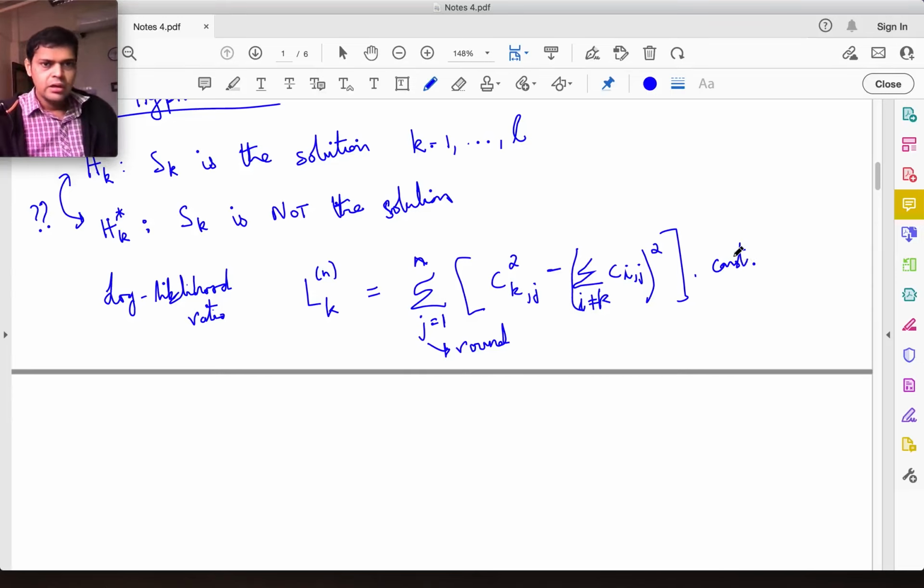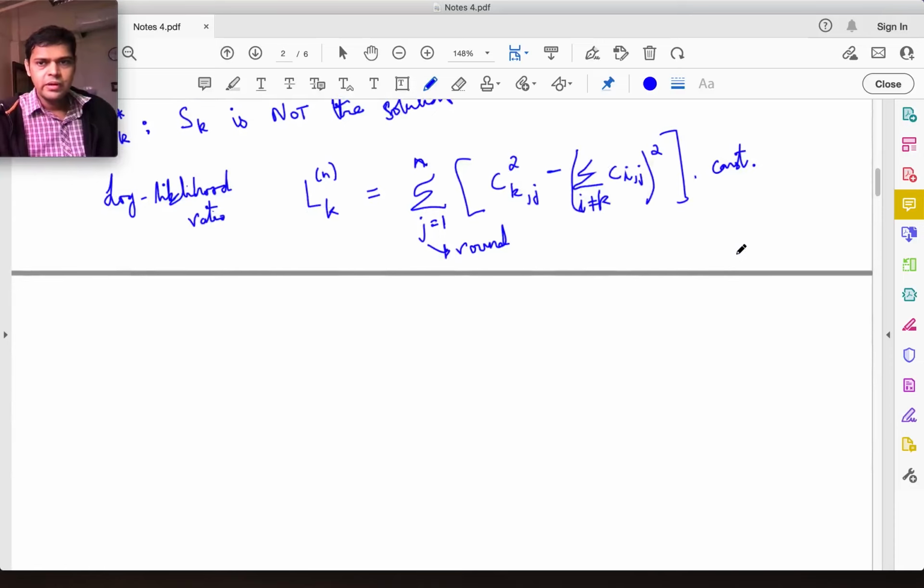Okay. And what we are going to do is we are going to compare this likelihood ratio to some threshold. Okay, and if this is true, then we declare K as the solution.